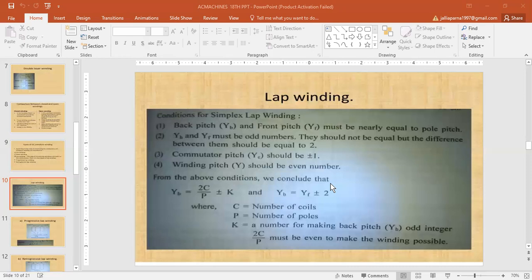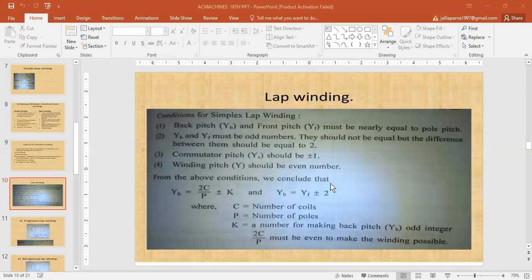So the following points regarding simplex lap winding should be carefully noted. The back pitch and front pitch are odd and of opposite sign, but they cannot be equal. They differ by two or some multiple thereof.